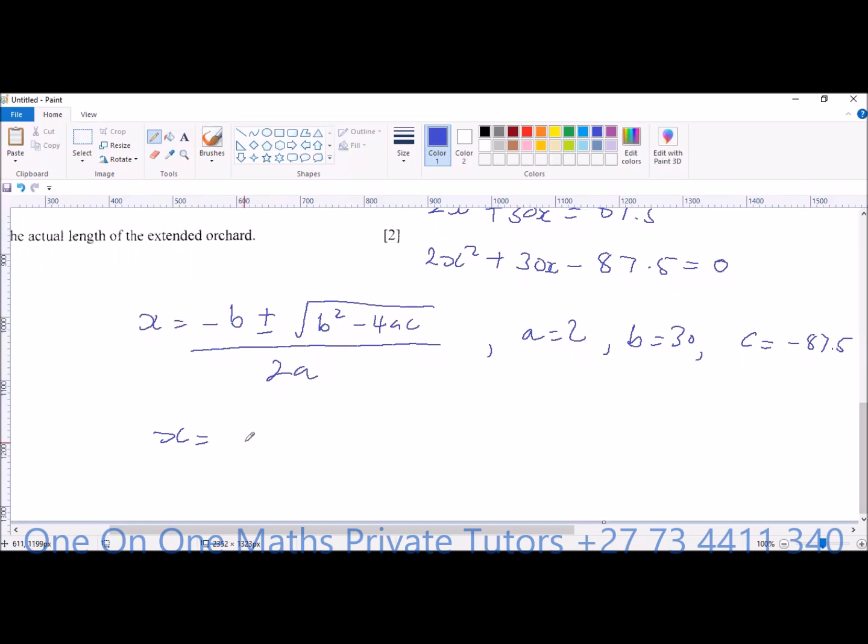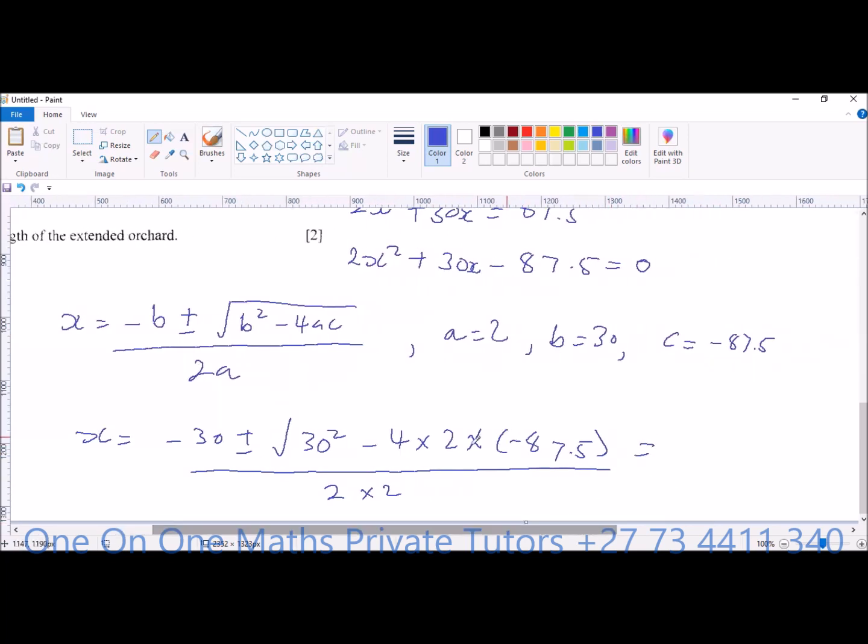So what do we have? x is equal to minus 30 plus or minus the root of b, which is 30 squared minus 4 times a, which is 2, times c, minus 87.5, all over 2 times 2, which is equal to 5 over 2 or 2.5, or x is equal to minus 35 over 2, which is minus 17.5.